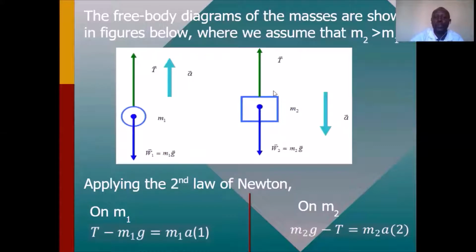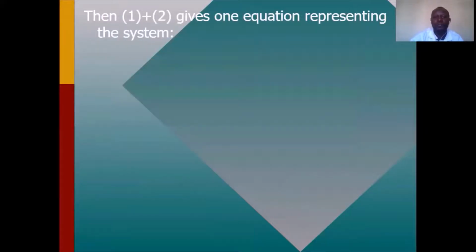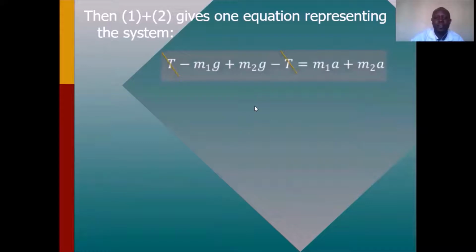To get one equation to represent the whole system, we are going to do the sum. We add equation 1 to equation 2. 1 plus 2 gives this equation. And from here, we are going to calculate the acceleration of the system.